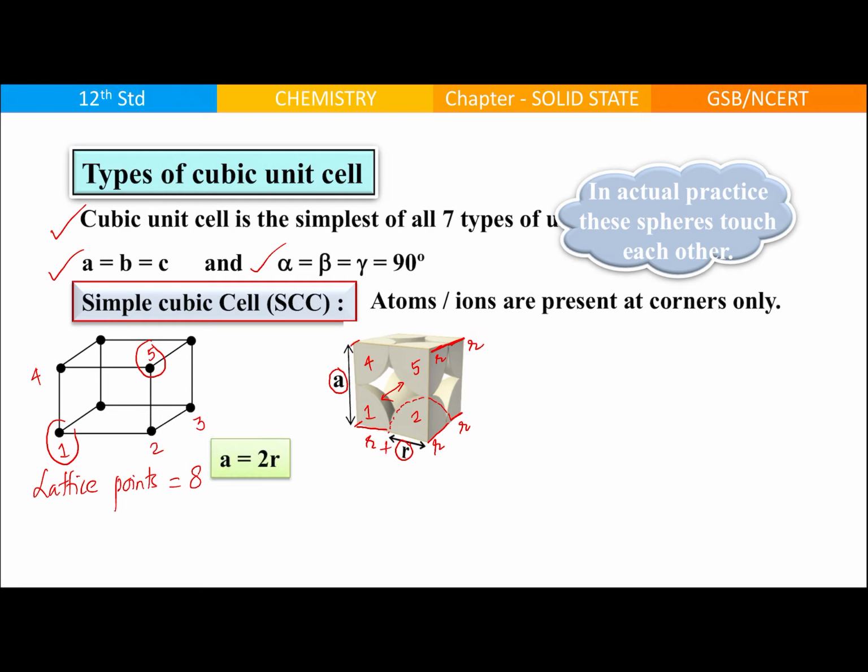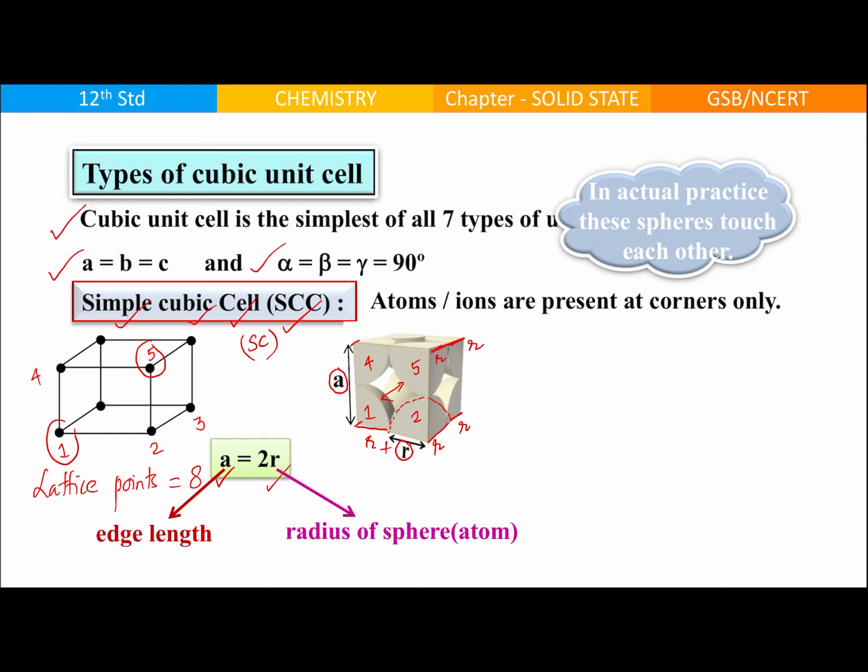A. So for the simple cubic cell SCC, which can sometimes also be called SC, we have a relation between edge length and radius, and that is a = 2r, where r stands for the radius of the sphere and a stands for the edge length.